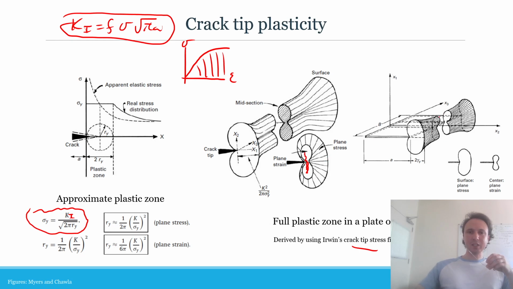I think this figure is really nice because it makes it easier to see. B is the thickness of the material. Very far in here near the center, you have a smaller plane strain, and then right out here near the edges, you have plane stress. So if you had an infinitely thick beam, you'd basically be looking at plane strain everywhere.